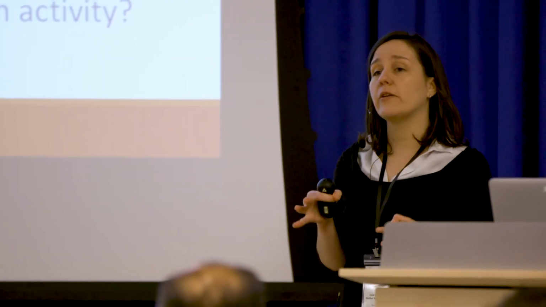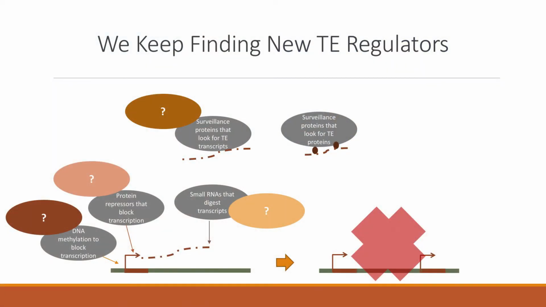But the other thing that you can do is you can use what you know about how transposons are controlled, which complexes are involved, which genes are involved, to try and predict human diseases that might actually be related to transposon activity. And this here is a picture of Lou Gehrig, so you can probably figure out where I'm going with this.